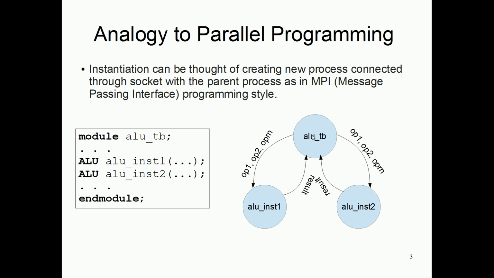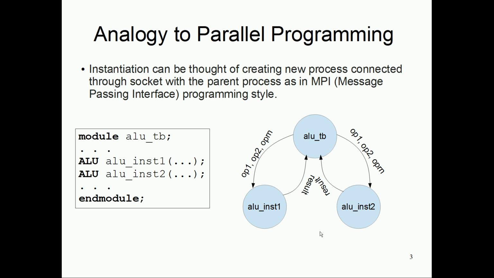The ALU test bench communicates the values of OP1, OP2 and the operation to this instance. Of course, this is exactly the port connection of the operands, the operation and the result, etc. The ALU instance gives back the result. OP1 and OP2 can also be passed to the ALU instance if they're connected like that, and they push back the result.